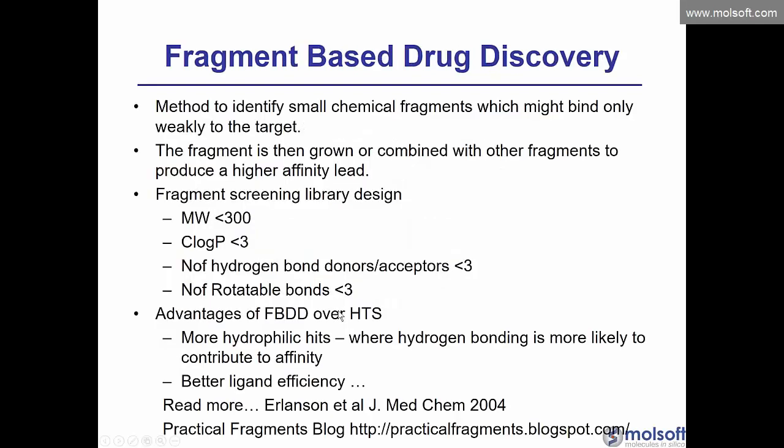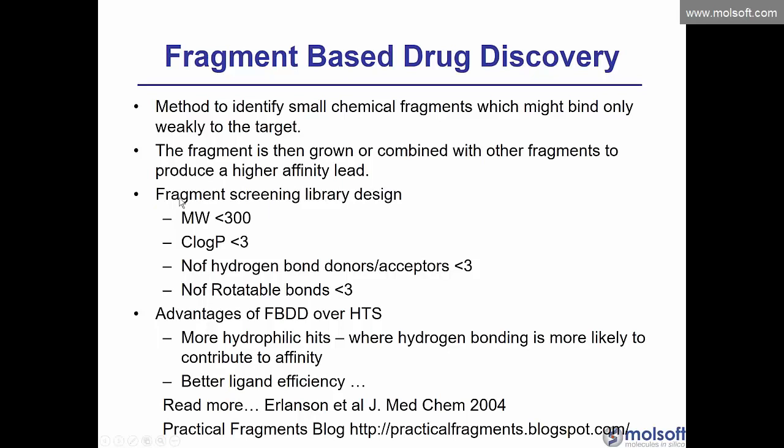Just an introduction to fragment-based drug discovery. It's a method to identify small chemical fragments which will probably only bind weakly to the target. But then the fragment can be grown or combined with other fragments to produce a higher affinity lead.